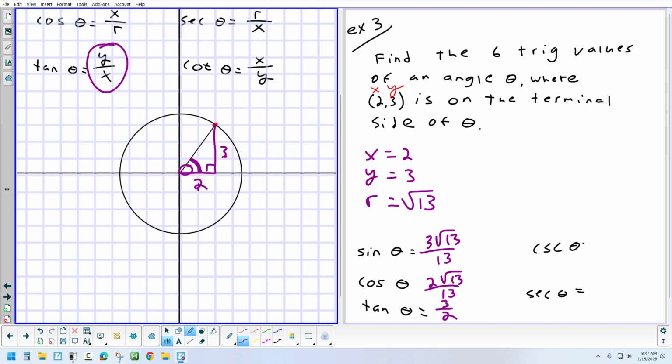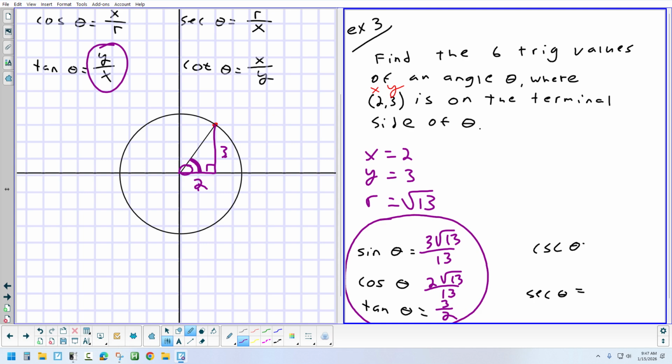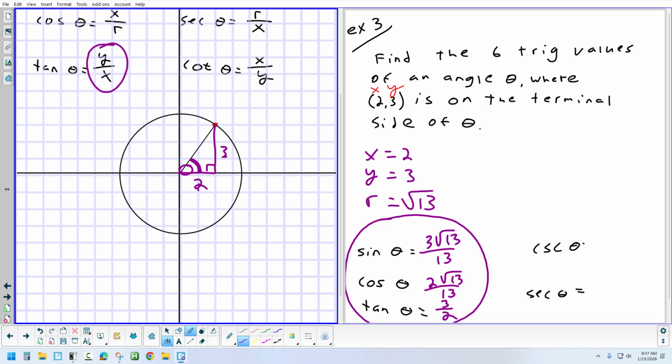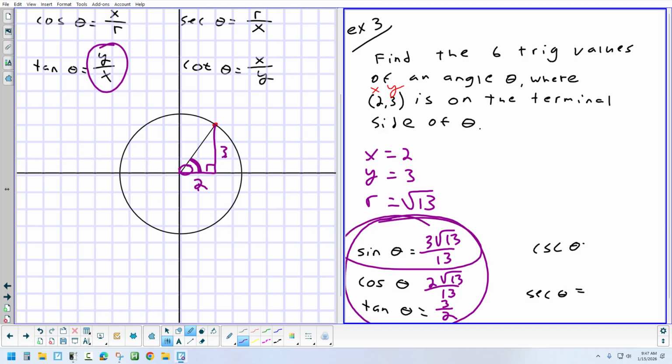Now, we've got a bunch of equations here that we could solve for theta. Any one of these equations, and if I did the other 3, any one of those, would be enough information to figure out the size of this angle. The one that I generally use is the one that has sine in it.